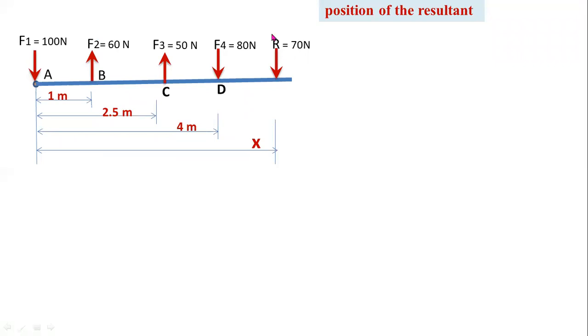To determine the position of the resultant, first you have to find the individual moments about point A. Already we know the formula for moment of force. These are the sign conventions for clockwise and anti-clockwise moments.